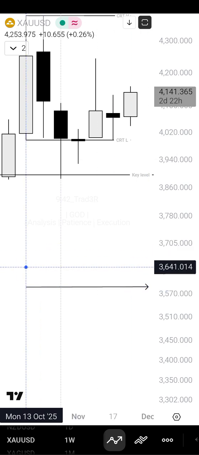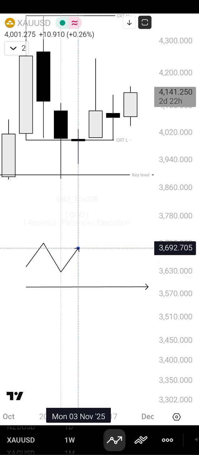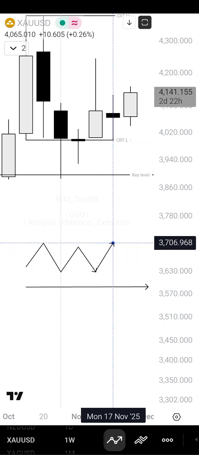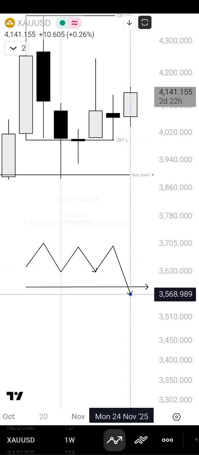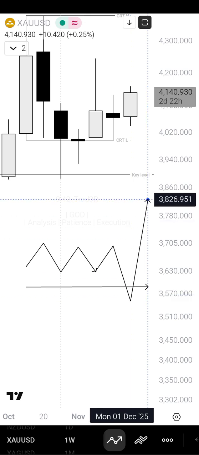So you see price consolidating above the key level, and eventually they'll make a fake sharp move into the key level like this, tricking people that they want to sell. Then you will see this.